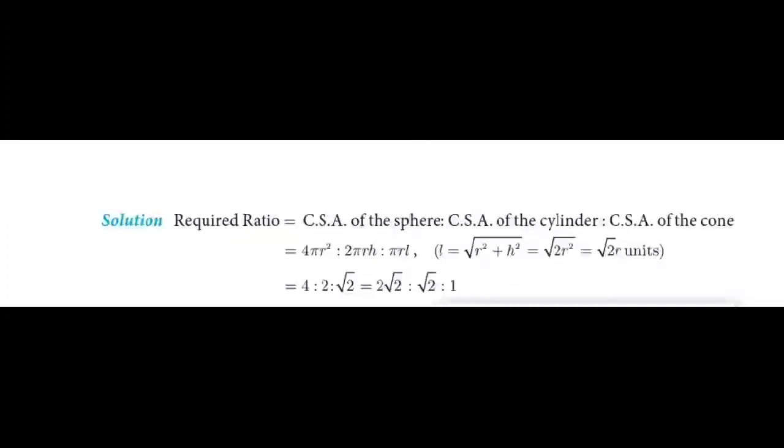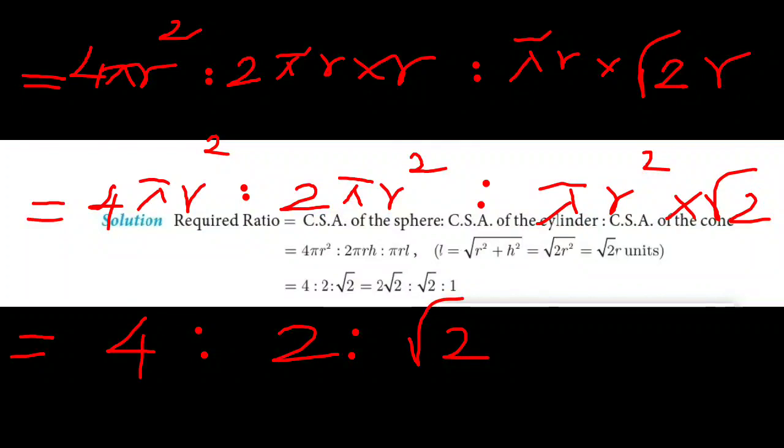Since L is equal to root 2 into r, by cancelling, 4 r squared is to 2 r into r is to r into root 2 into r. Then 4 r squared is to 2 r squared is to root 2 r squared.